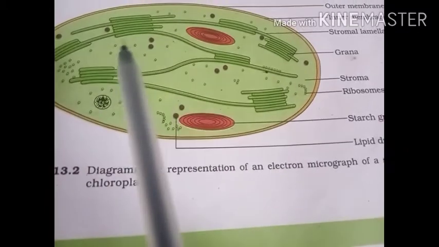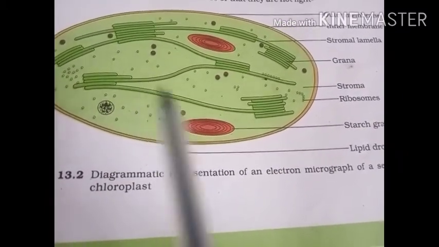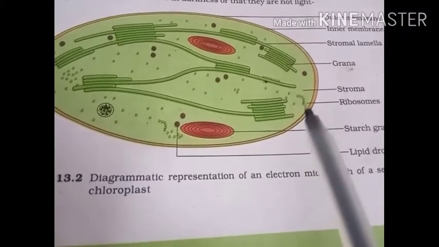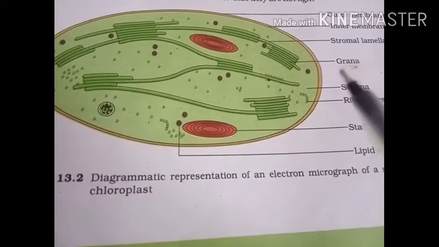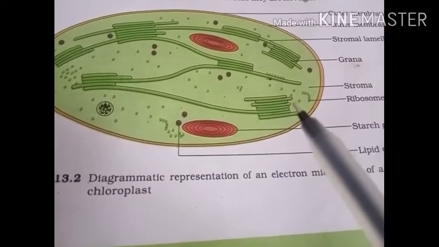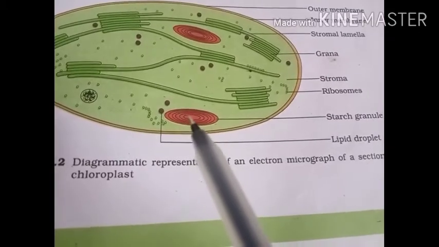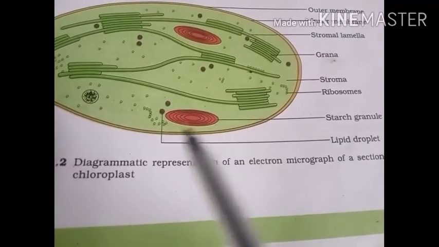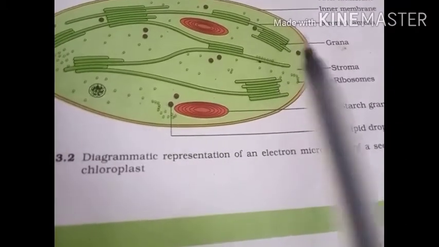We can also observe the DNA, and the ribosomes are also present, due to which they are able to synthesize some of their proteins. They also show the presence of starch granules as well as lipid droplets stored within the stroma.